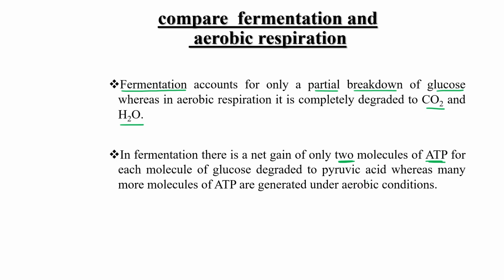So only 2 molecules of ATP are formed during fermentation. From one glucose molecule, we get 2 molecules of pyruvate plus 2 ATP. This pyruvate further converts into alcohol, or it may convert into lactic acid.